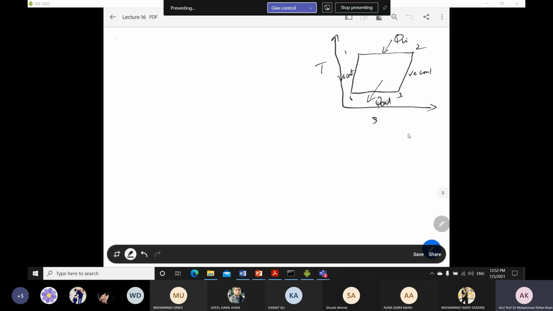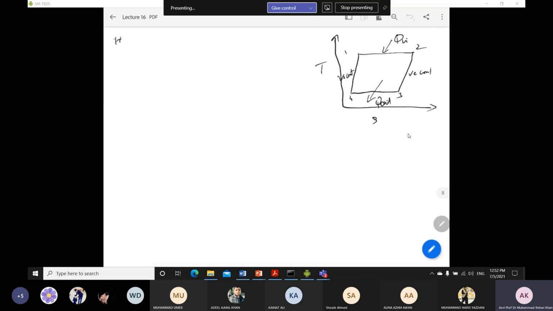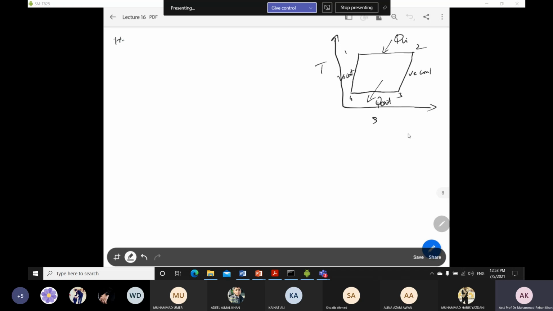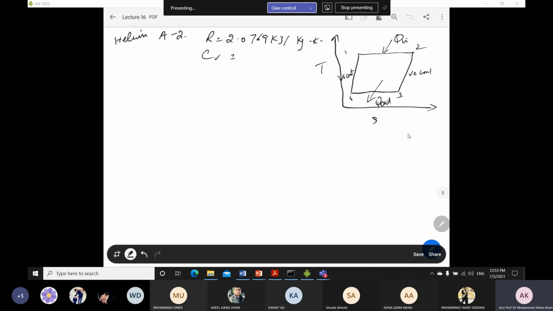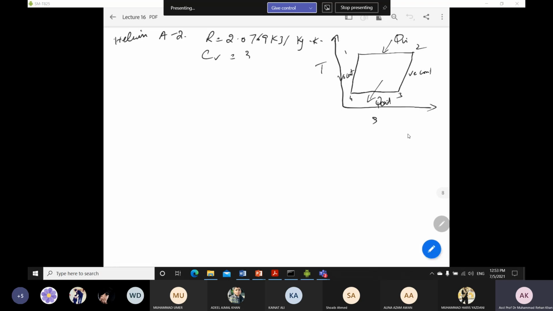Okay, so in part A, first we have to find the properties of helium. For helium properties, you just have to go to table A-2 and find that the value of R, the gas constant, is 2.0769 kilojoule per kg Kelvin. Then you also need the value of Cv in order to find the regeneration heat, which is in part B. The Cv value is 3.1156 kilojoule per kg Kelvin.